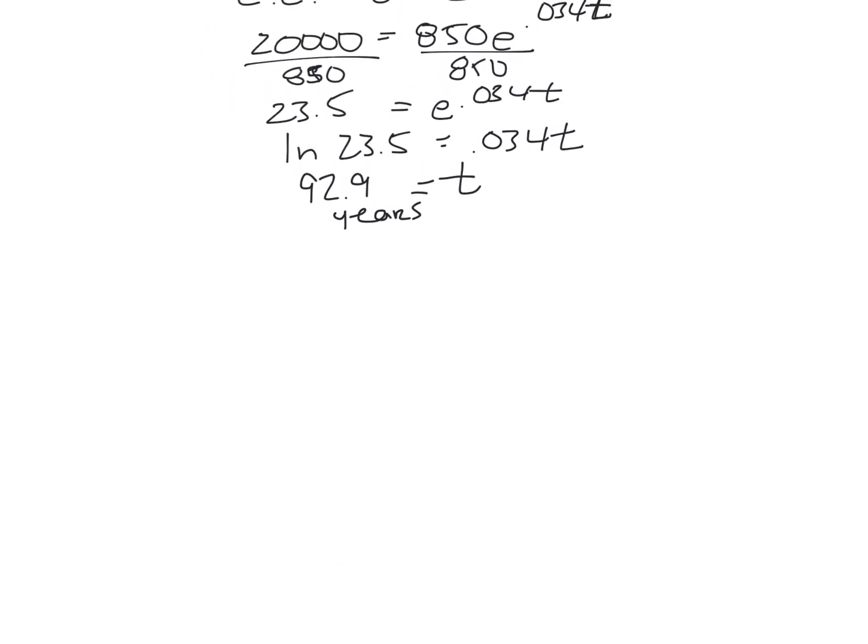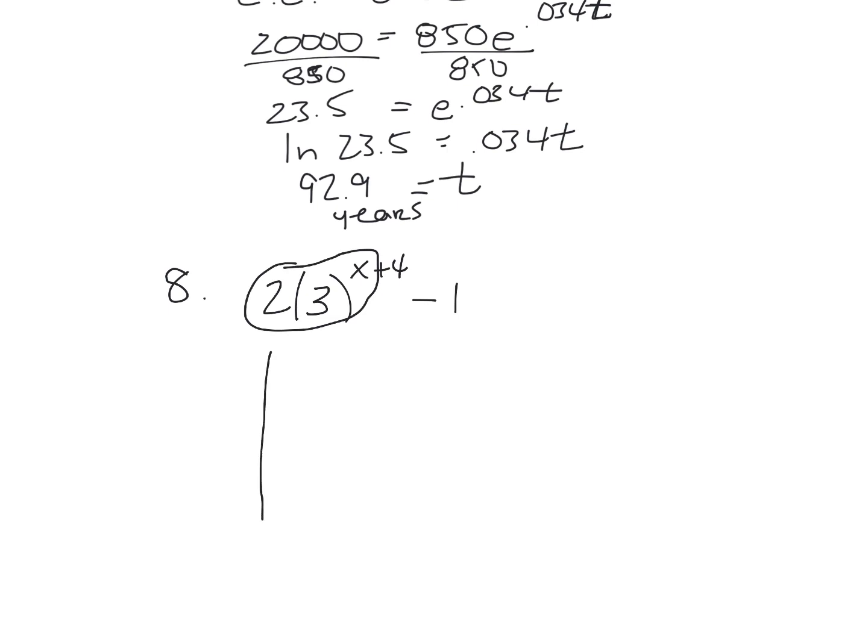Number 8, bear with me here without a graph. We've got 2 times 3 to the x plus 4 minus 1. So I'm going to focus on this as my parent function. That graph will have a y-intercept of 2. And as I go over 1, I'm going to multiply by 3. So I'd have the point 1, 6.